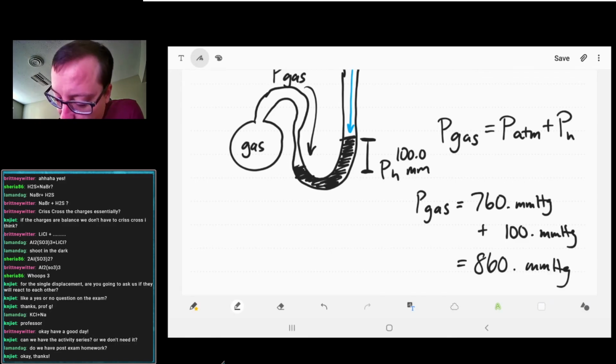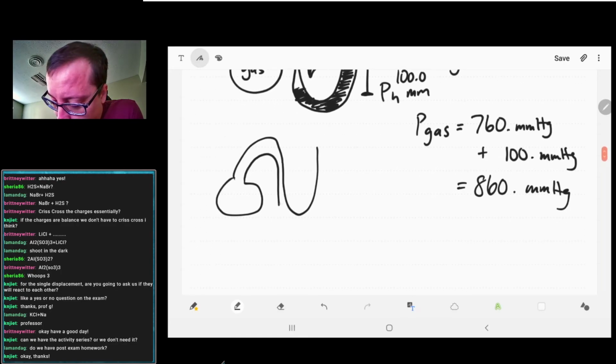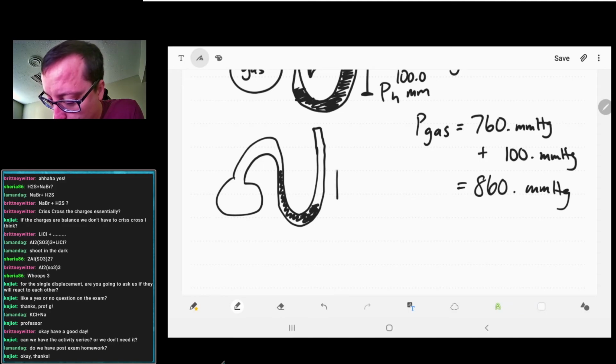If your gas were exerting less pressure in your manometer, if this were the case, you would be looking at the difference the opposite way.